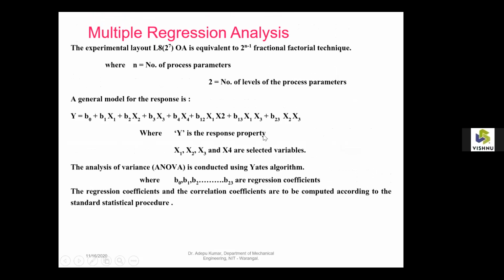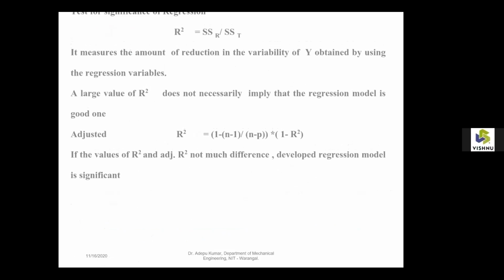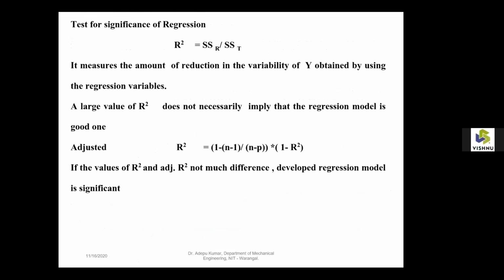Like that, you can calculate the regression coefficients using these formulas. Once you know these values, you can put them into the equation. Then you can calculate R squared and adjusted R squared using these formulas. These two, R squared and adjusted R squared, should be close, and only then is your equation significant.